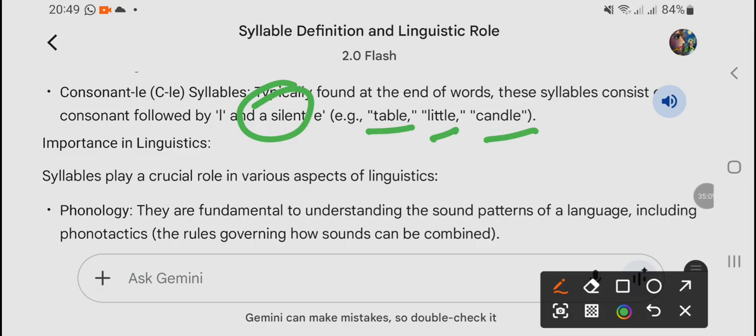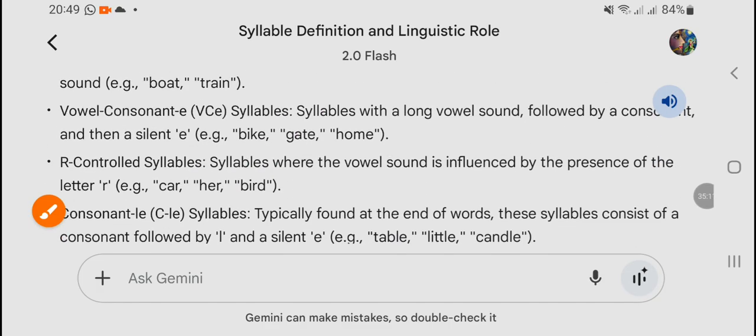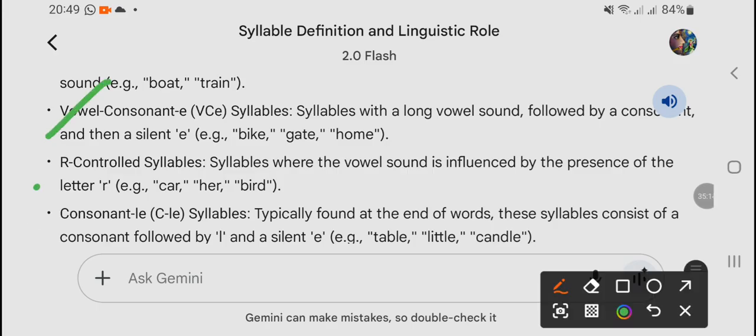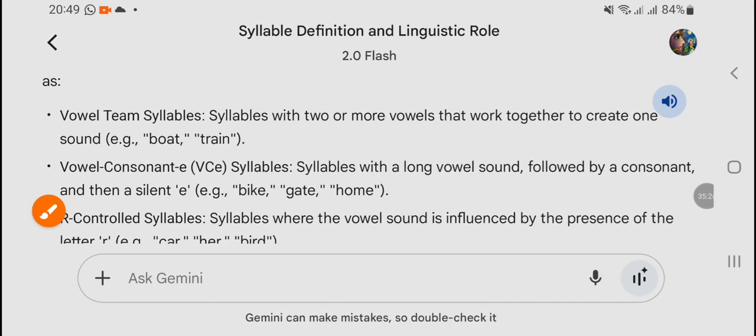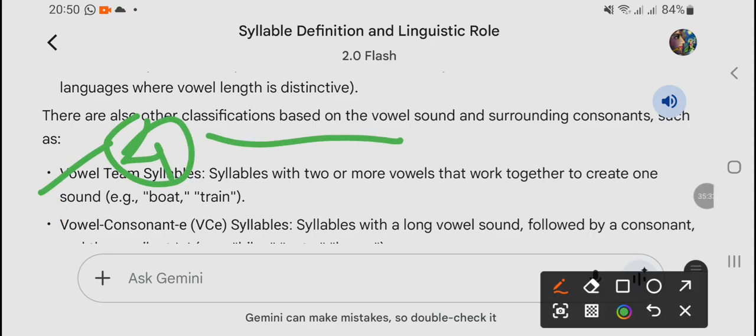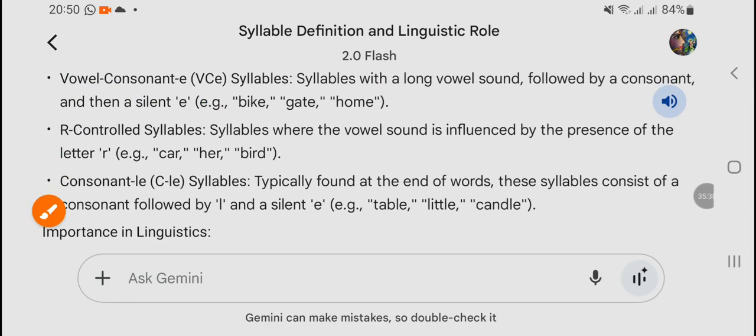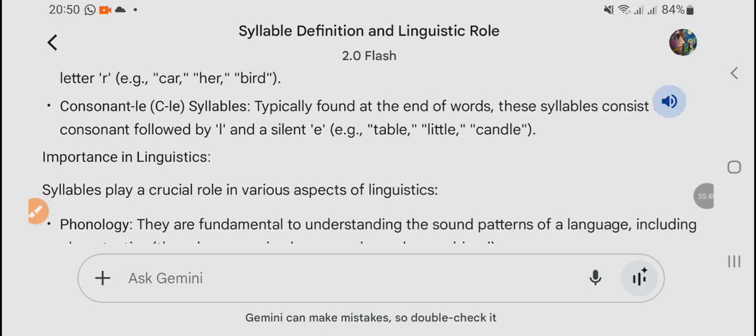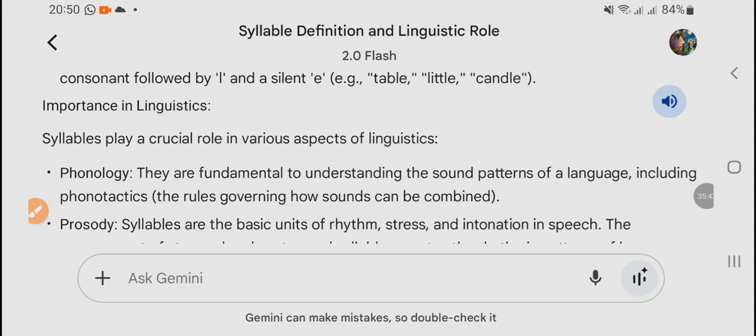This is a different variety. So here we have seen vowel team syllable, vowel consonant E, R controlled and consonant LE syllables, right?